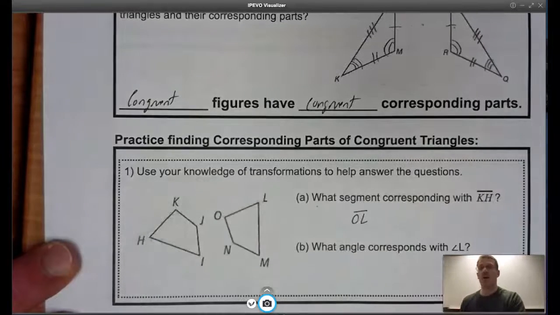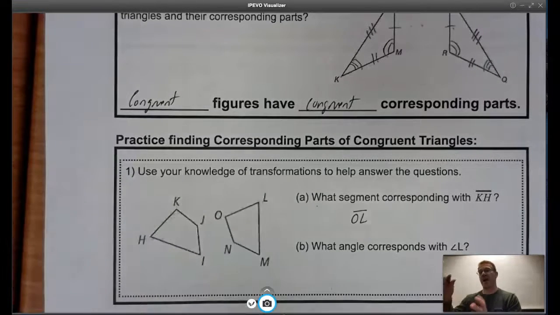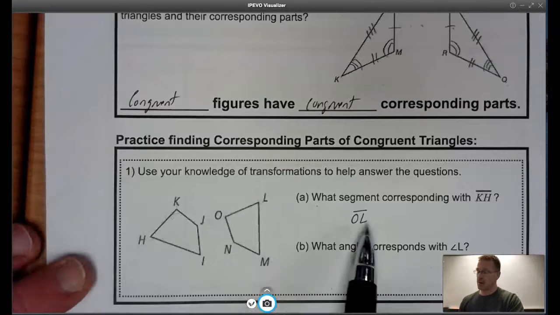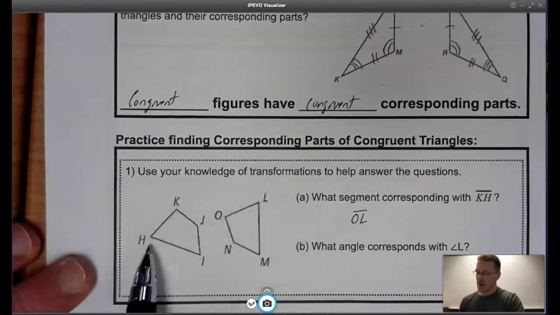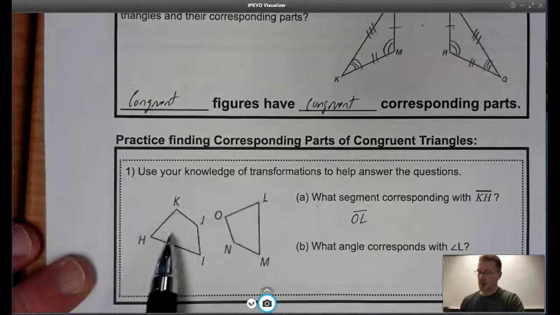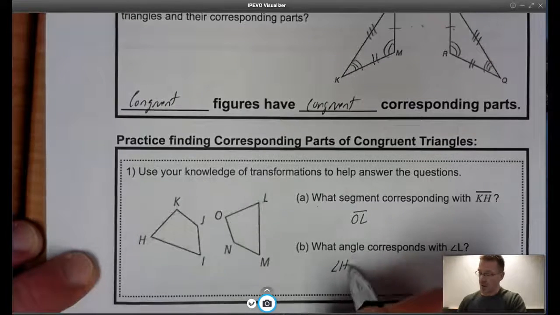So when we say same position, you may have to trace them or turn them to make sure they're in the same position. Angle L would correspond to angle H here, and we can see that with the segment that we wrote as well.